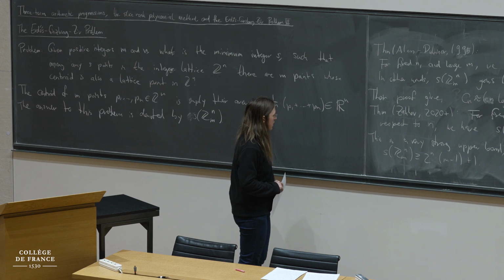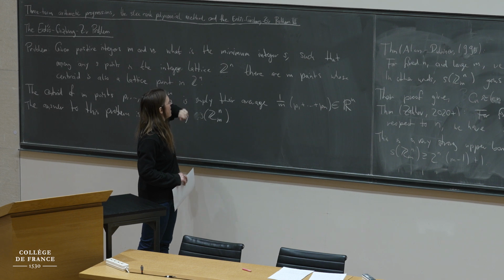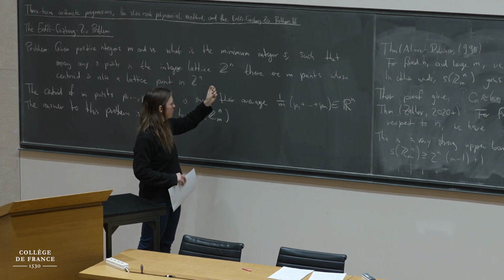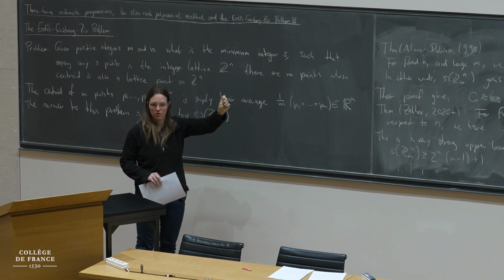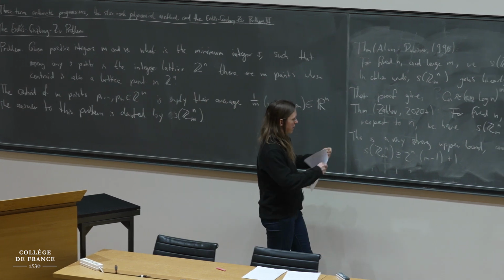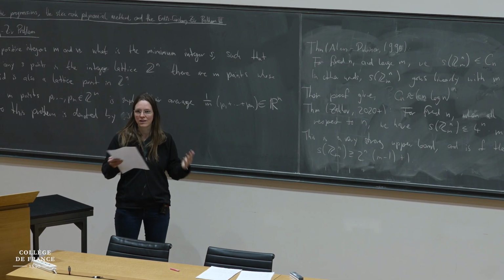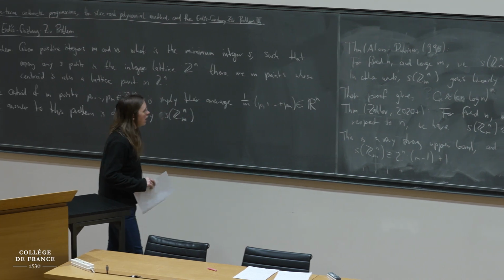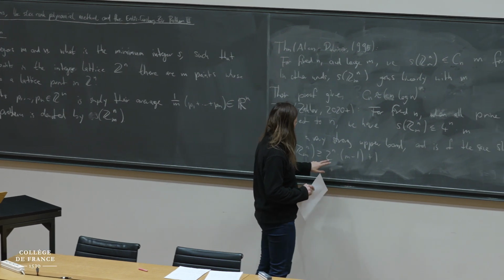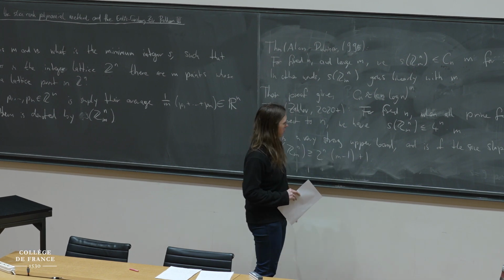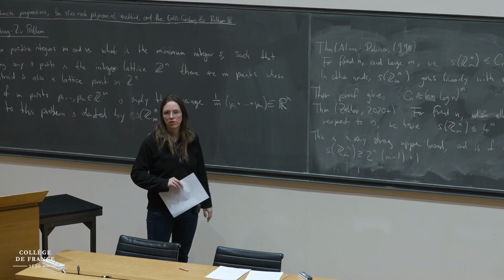So for example, for the string 1,0,1,0,1,1, I can pick a point in Z^n where the first coordinate has residue 1 modulo m, the second coordinate residue 0 modulo m, and so on. And I do this not just once, but for every 0,1 string, I pick m minus 1 different such points in Z^n. That's possible because there are infinitely many representatives of every combination of residue classes modulo m in the coordinates. And so that gives me 2 to the n times (m minus 1) points, and one can check that among those it's not possible to find m points whose sum has all coordinates divisible by m.